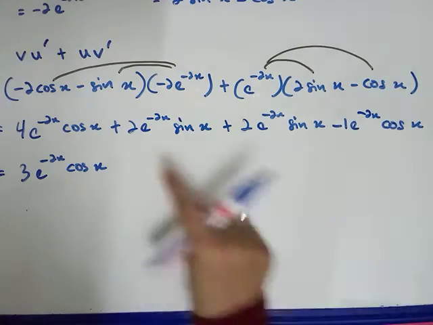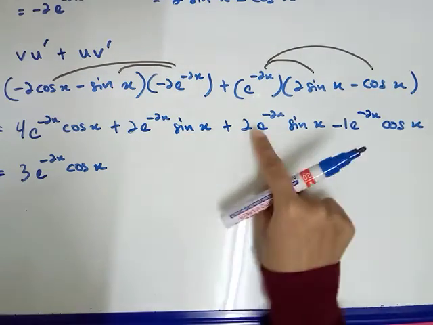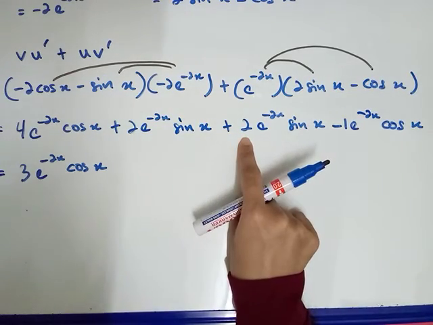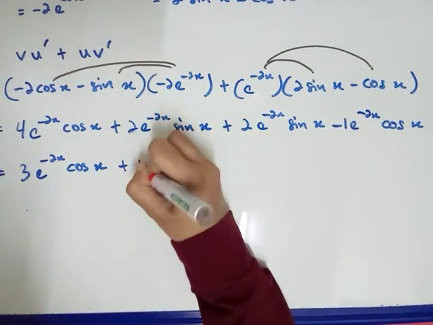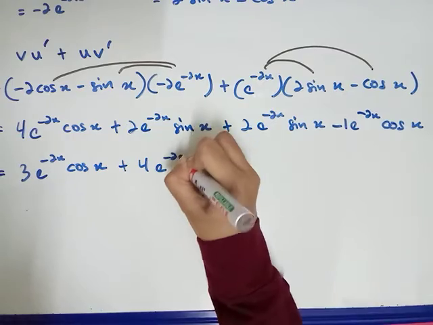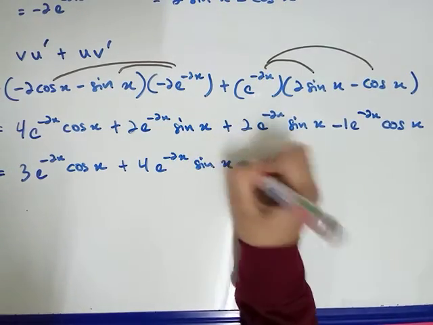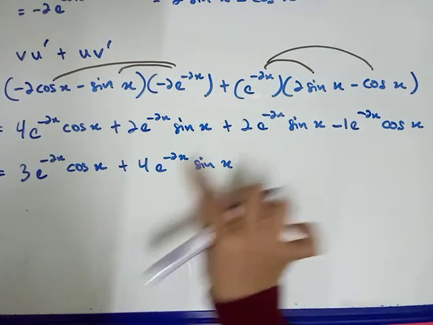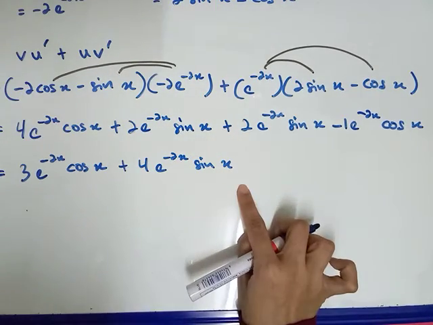And then 2 exponent sin, 2 exponent sin, this one positive. So 2 plus 2, you get 4 exponent sin x. We see the variable is the same, so 2 plus 2, you get 4 exponent sin x.